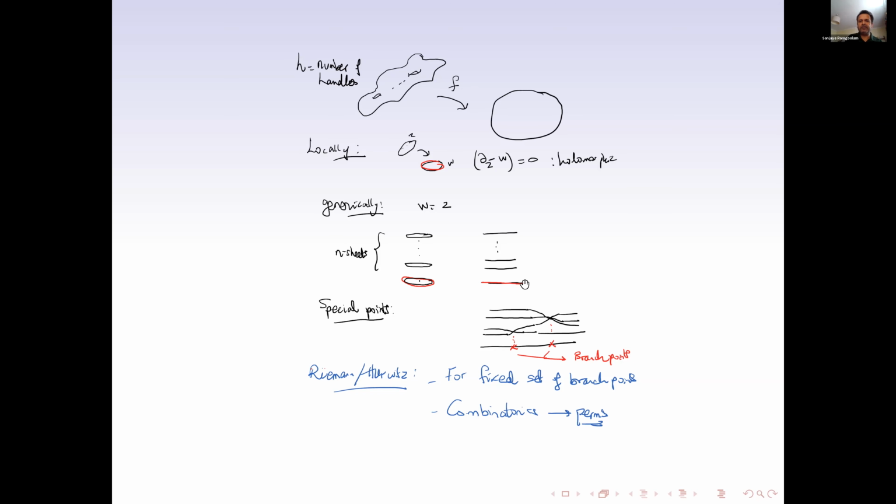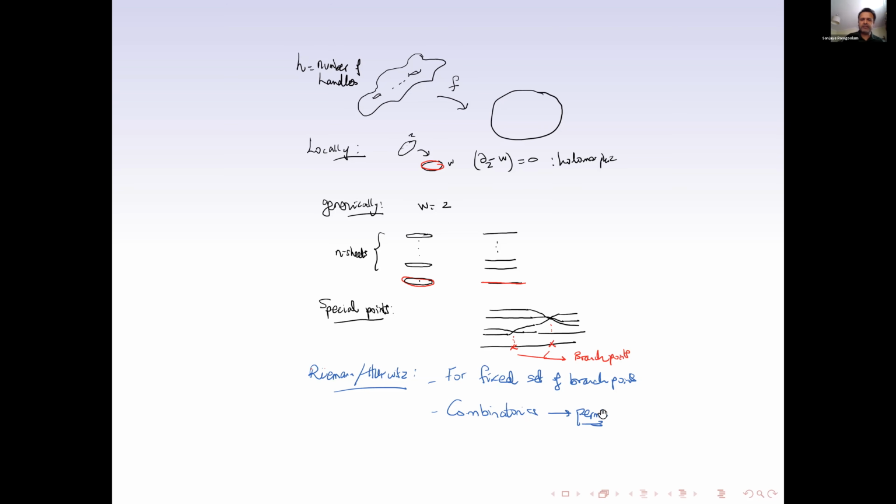If I draw a line on the target, there are n different lines, but there are special points on the target, typically where the degree is reduced and these different sheets meet. And the places in the target space where this happens are called branch points. And the structure of the branching above is a geometrical property. And the combinatorics of maps with a fixed set of branch points is related to permutations.